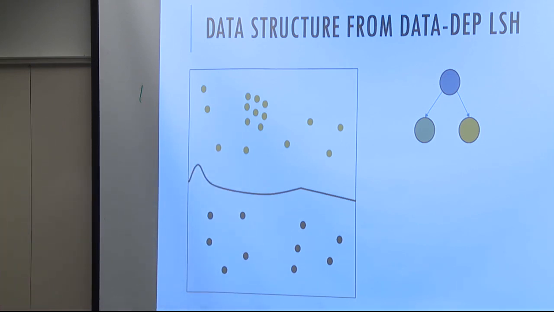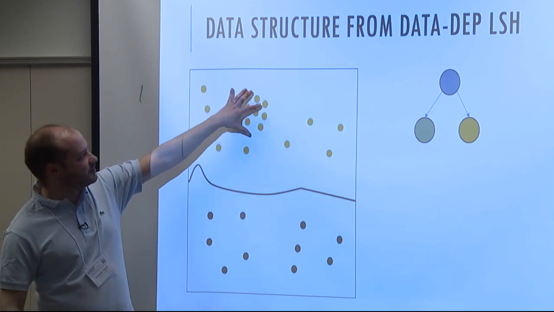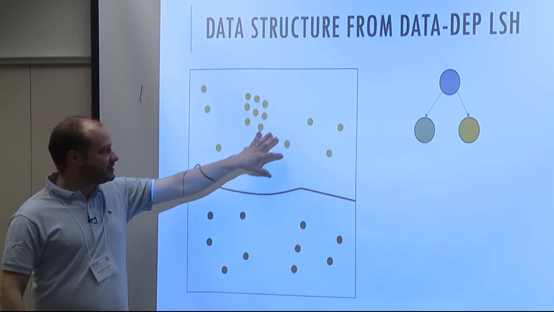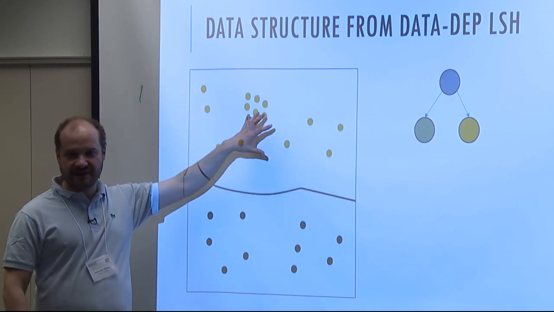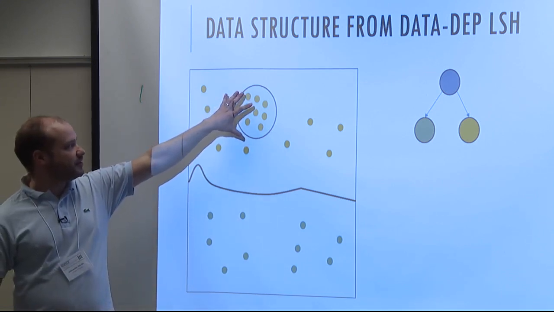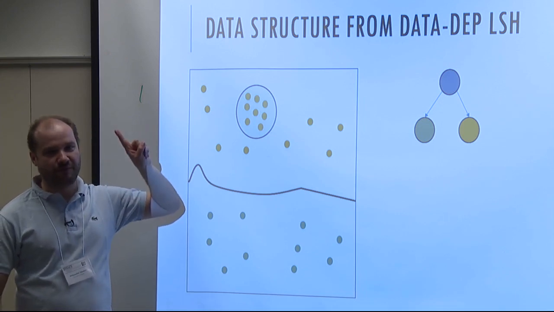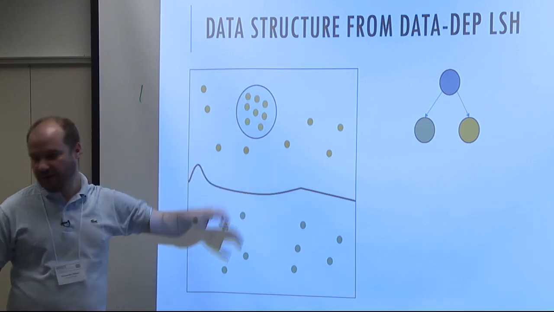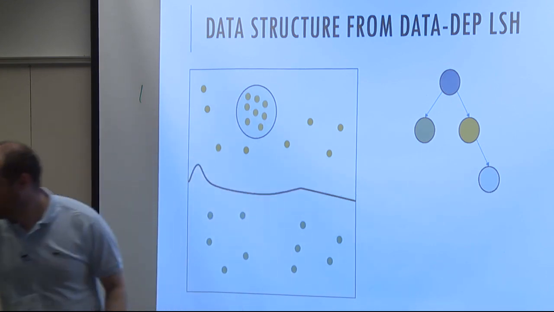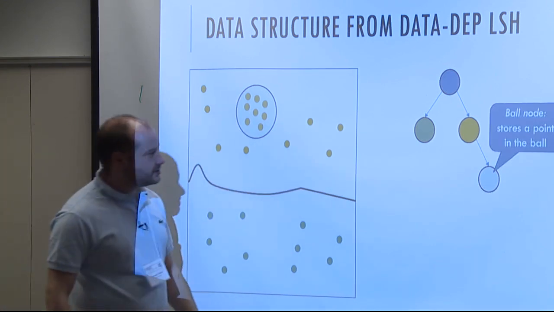Once I do this partitioning, maybe now this cluster here became too big, right? So now maybe this part I cannot really recurse on because it's not dispersed anymore. So I cannot apply the construction from before. So what I'll do instead, I'll just remove this ball and remember 1 point from it. I'll just carve out this ball, remember 1 point from it, and store it here in this gray node. So this is what I'll call a ball node.